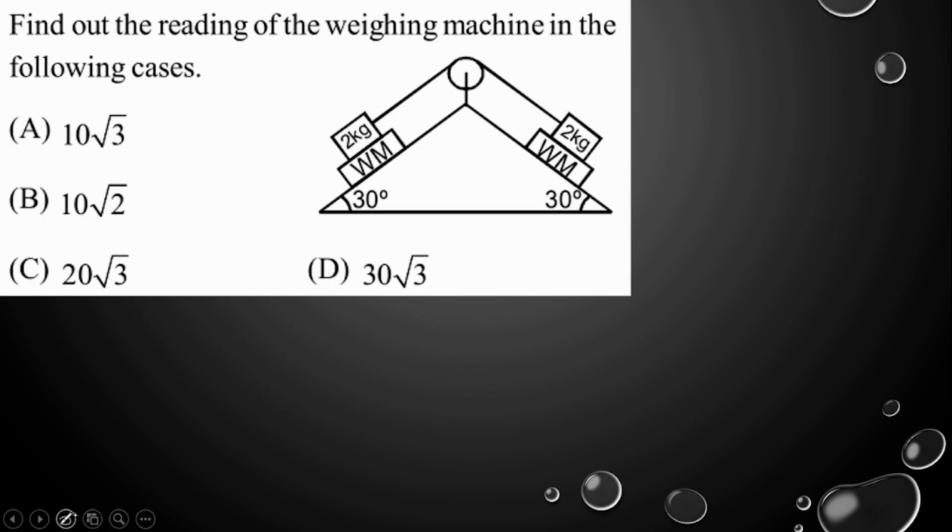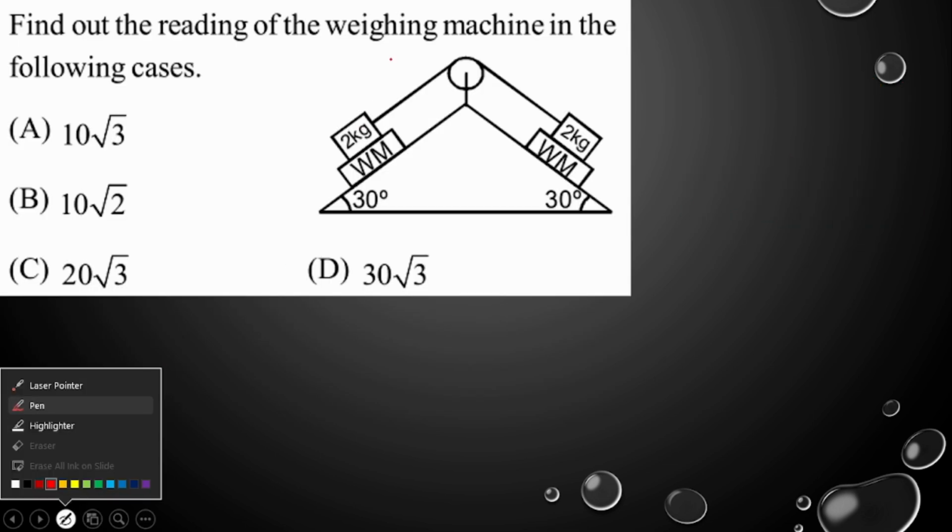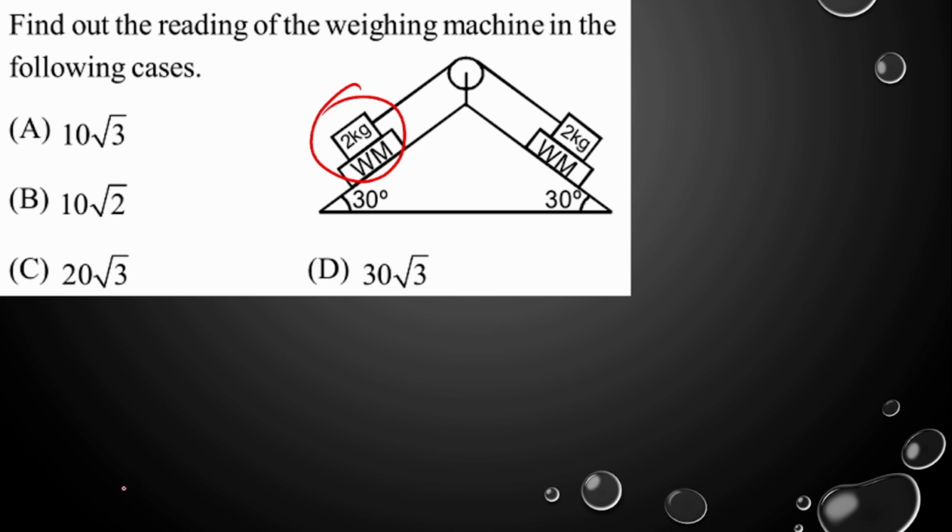Next is this. The reading of the weighing machine is, okay, for the 2 kg block this must be 20 Newton, this must be 20 cos 30, and this is 20 sin 30, and 20 sin 30 will act in this direction. So there is no meaning of the components parallel to the surface.